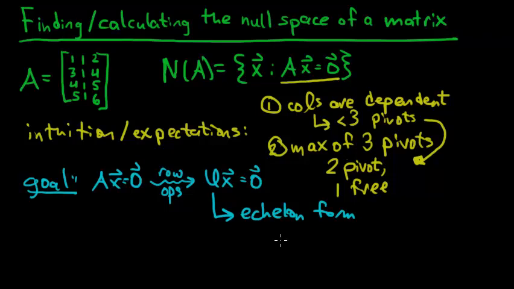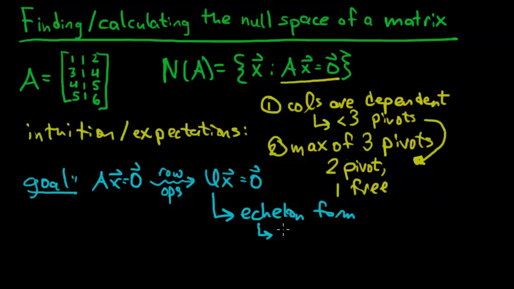Before we get started, let's actually review what this means. In the previous video, I said that echelon form was the form in which we have zeros to the left of and below all pivots. I could have been a little bit clearer on that, because I realized that there are potentially some points of confusion.